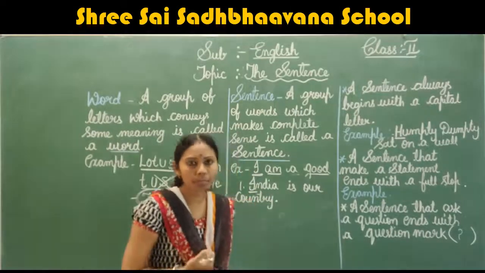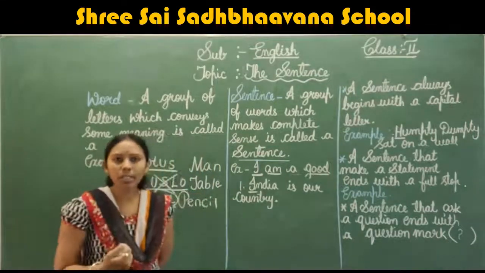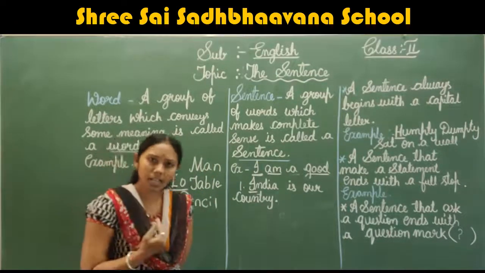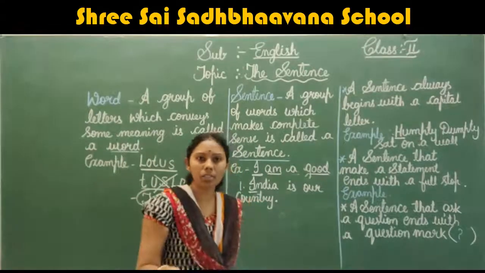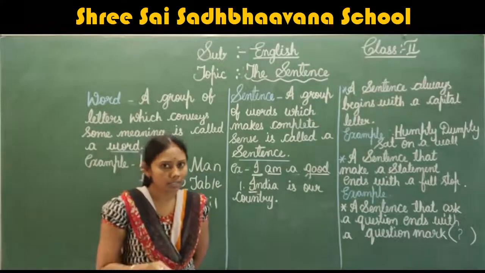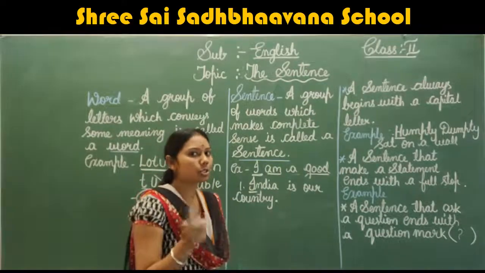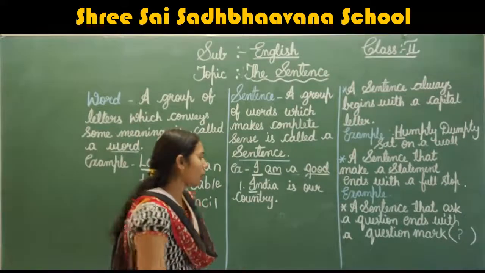What is your name? Where is your house? What is your father doing? In which class are you studying? So like this, some questions, something inquiring about someone. Those sentences should always end with a question mark.